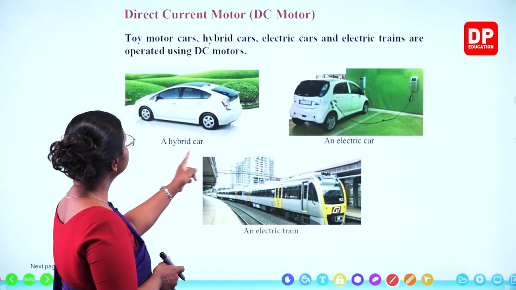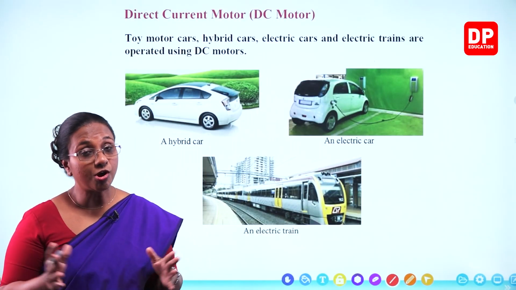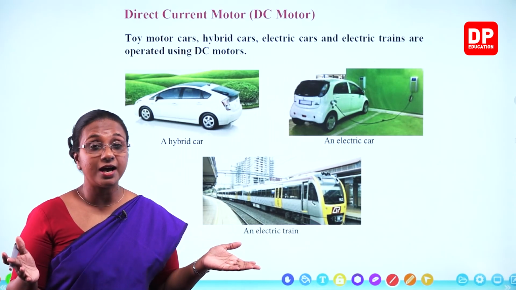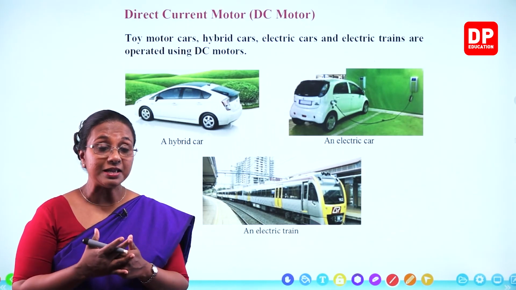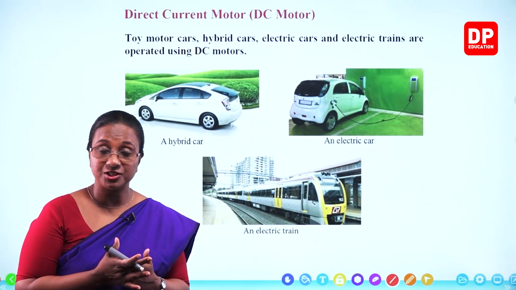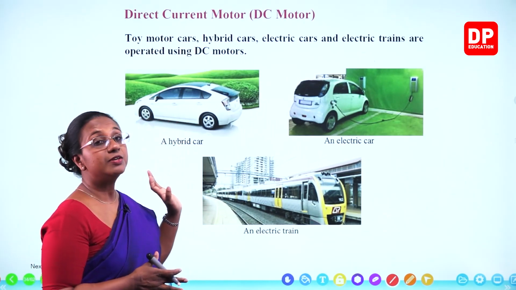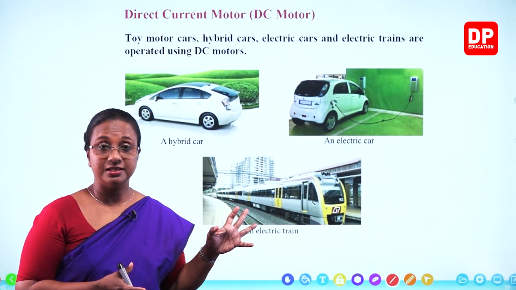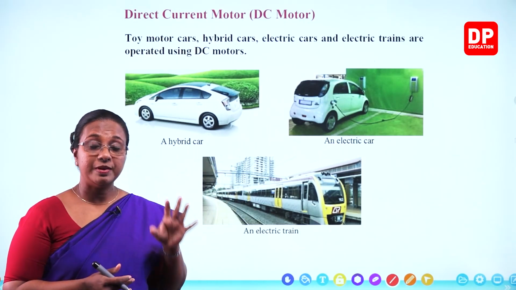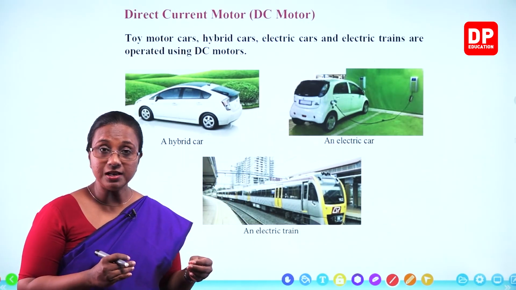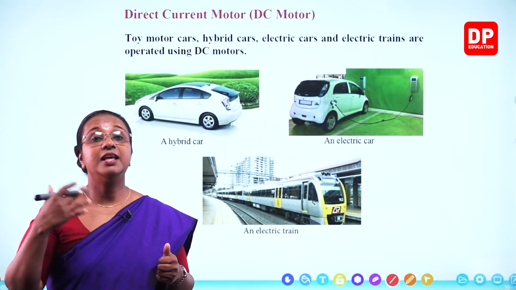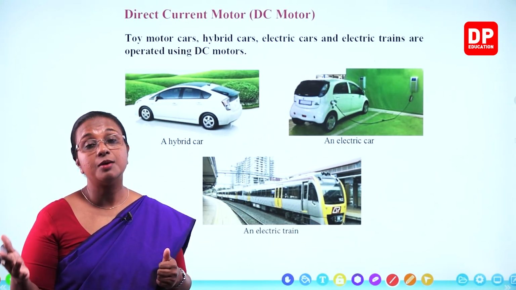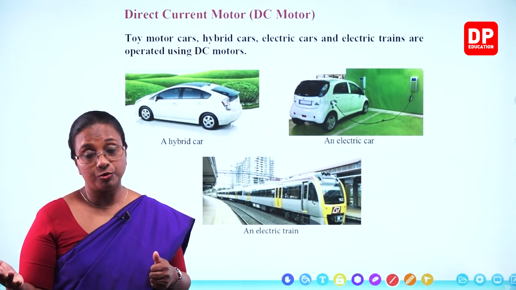So here you can see a hybrid car. I'm sure you all know about hybrid cars. What are hybrid cars? When we say hybrid, that means combination. So here the power sources are combined together. The hybrid cars use petrol or diesel as the fuel. In addition to that, they do have an electric current motor, a direct current motor.